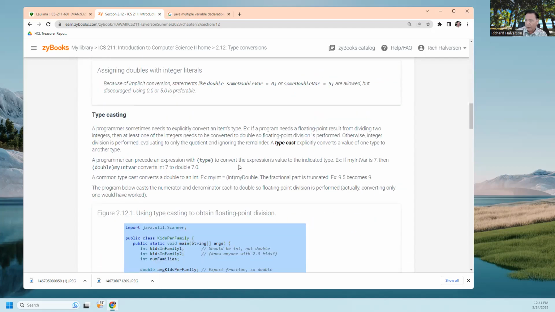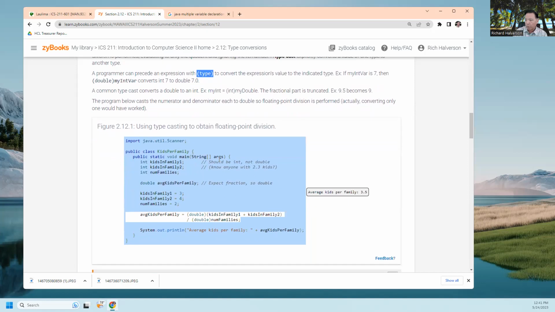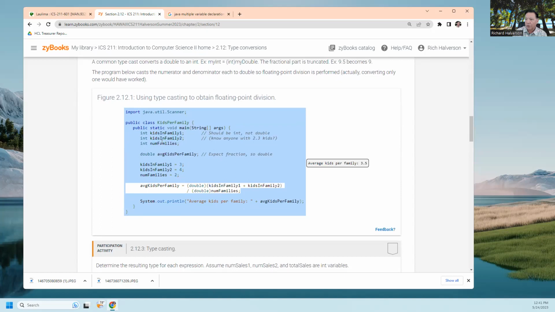There's this thing called typecasting where you can put the new type, how you want it to be treated, in parentheses in front of the integer. So for example, here we've got 3 integers, but we want to compute an average kids per family. If we just add the 2 sets of kids and then divide by the number of families, we would end up with an integer.